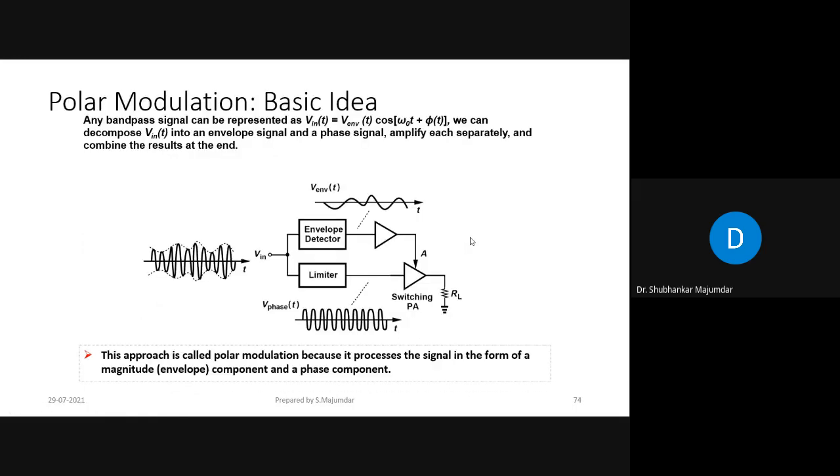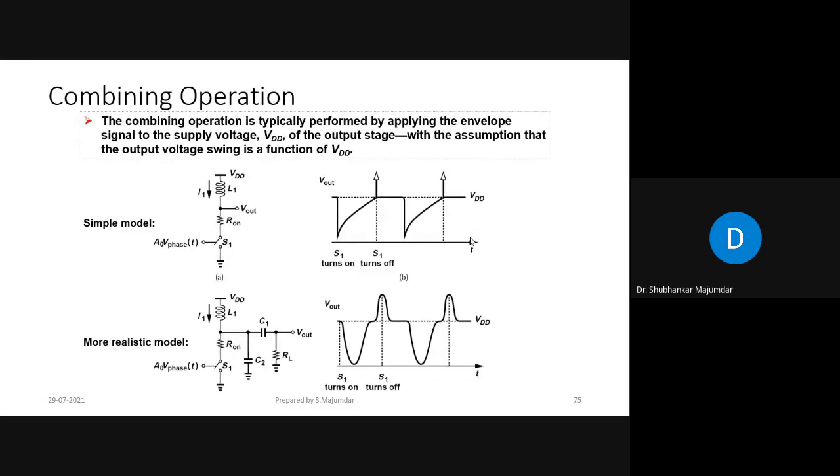So now after that, the polar modulation is there. In this polar modulation, the input is passed through two paths. One is from the limiter, one is from the envelope detector, and then it is fed to the power amplifier, the switching power amplifier. This approach is called polar modulation because it processes the signal in the form of a magnitude component and a phase component.